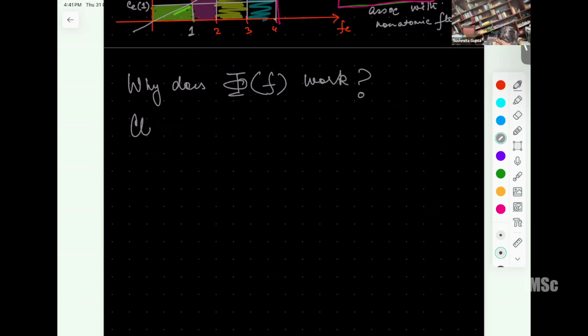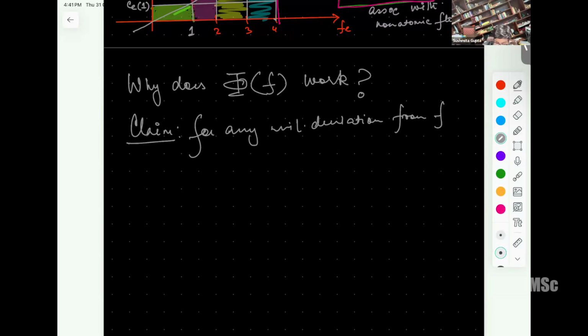So I claim that for any unilateral deviation from f to f hat, where everybody remains the same except the ith player has changed.